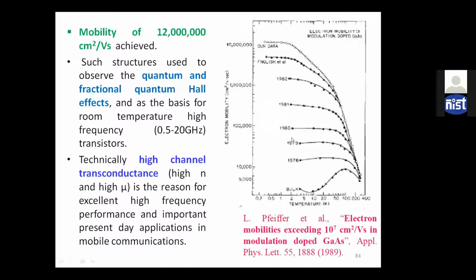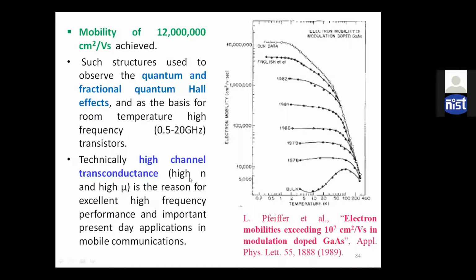Okay, they got a very high mobility due to this modulation doping. Such structures are used to observe the quantum Hall and fractional quantum Hall effect, and as the basis for room temperature high frequency transistors, this MOSFET structure. Technically, there is high channel transconductance, because here the mobility is very high and also you can improve the doping.